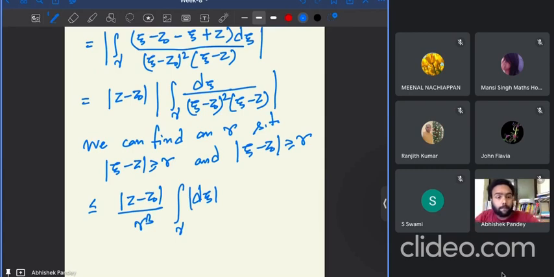Any doubt? So basically this we can find because xi is on this curve gamma, and the curve gamma is bounded always, so this we can always find. Is it okay?